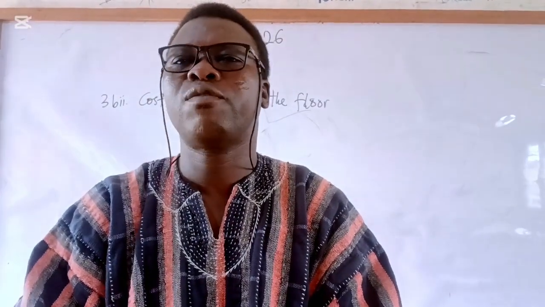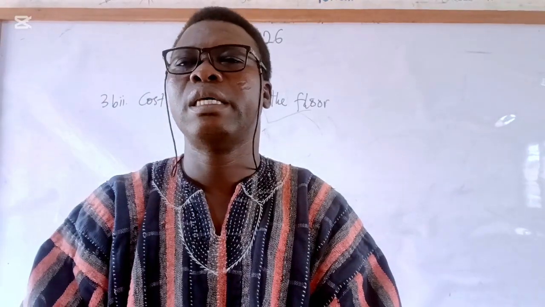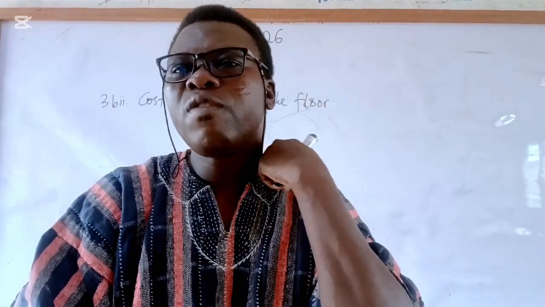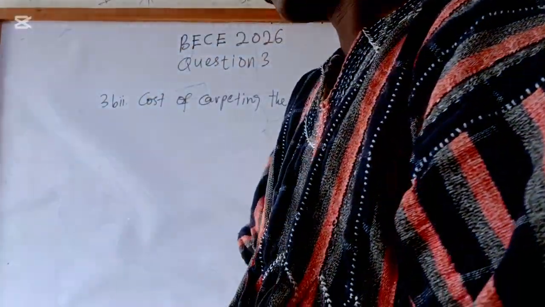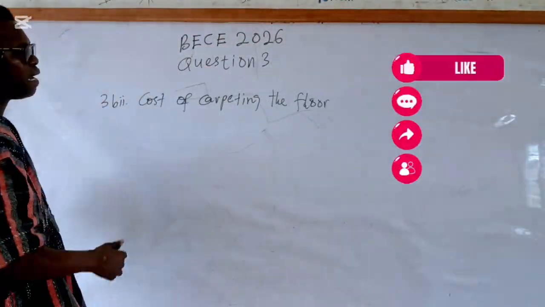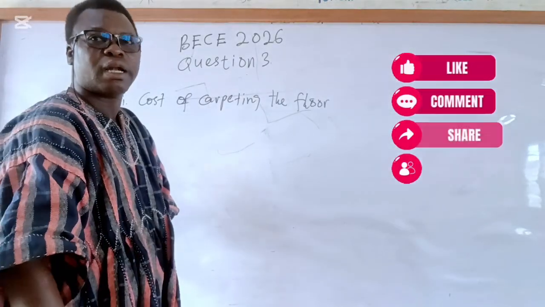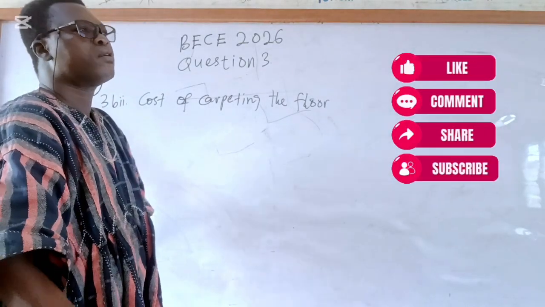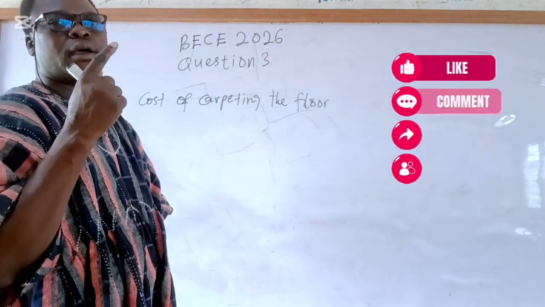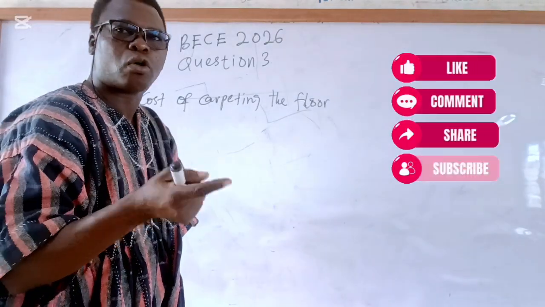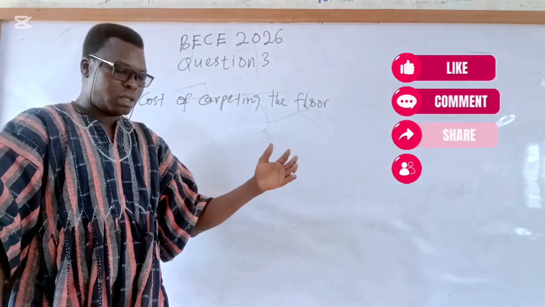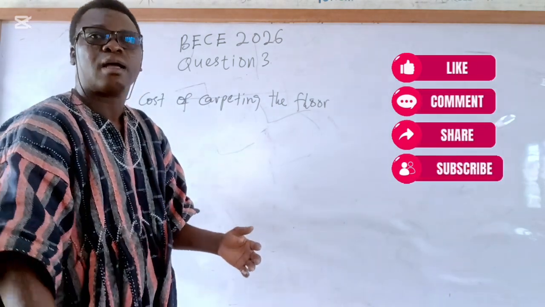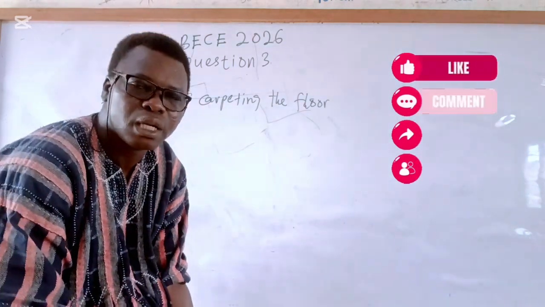The last part of question 3b is saying that we should find the cost of carpeting the floor. If a square meter of a carpet costs 20 Ghana cedis, the area of the figure is assumed to be a room.